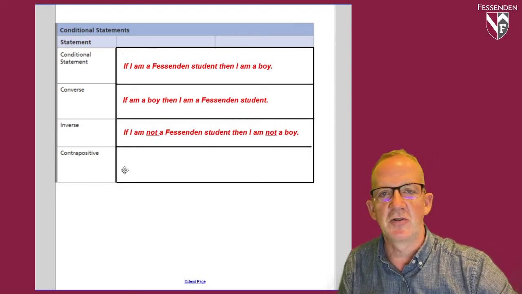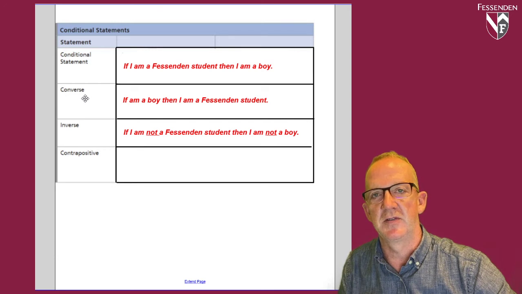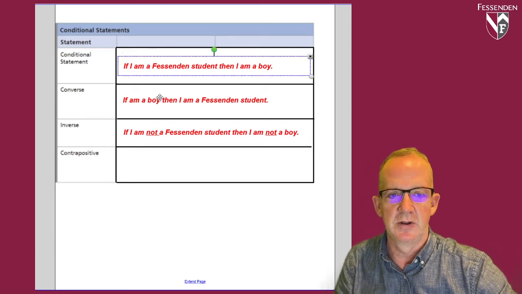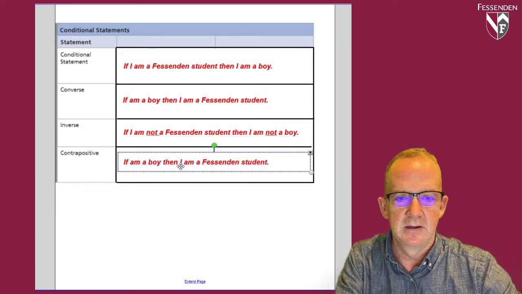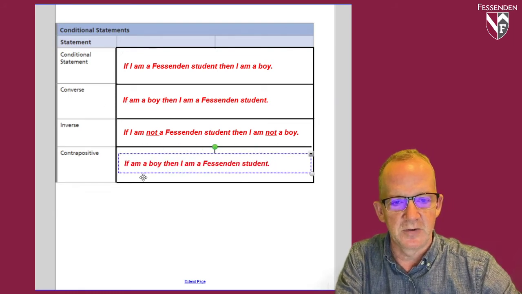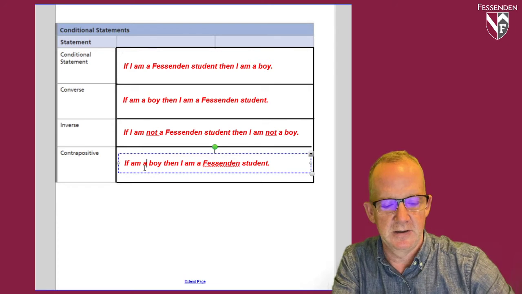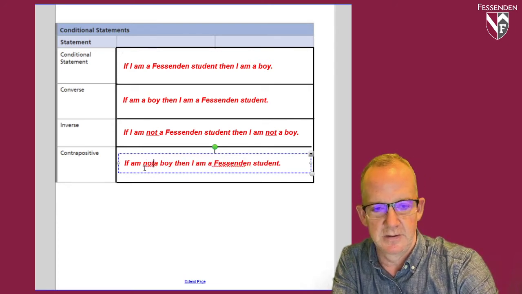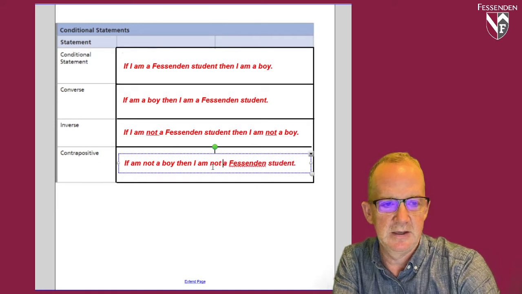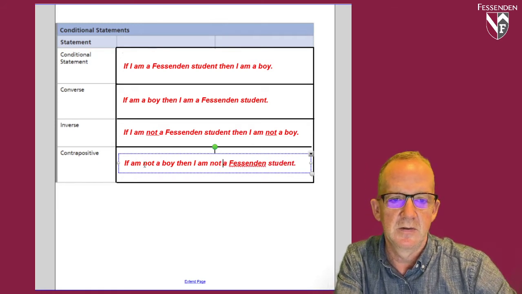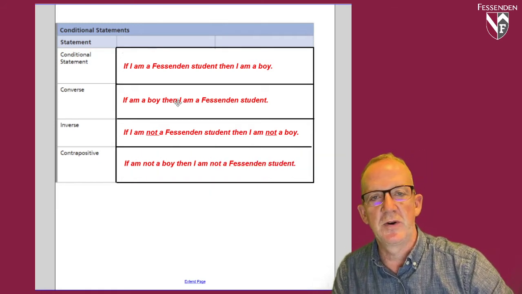Okay, the contrapositive does both of these things, the converse and the inverse. So let's take this one here because that already did the converse piece, and then let's put in the negation part again because that's the inverse piece, right? So let's debate whether that's true.